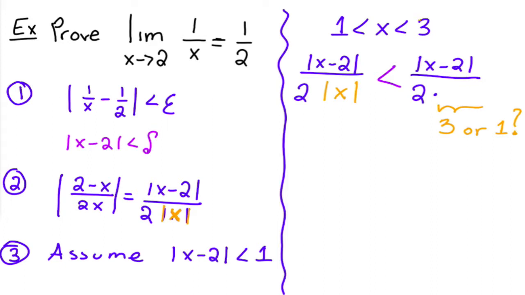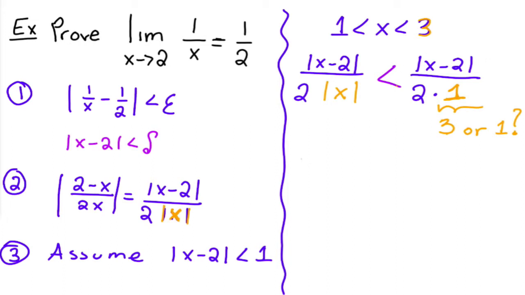Of course, you would pick the bigger number. But notice that because this is in the denominator, this is bigger if you plug in 1 instead of 3. So if you want to say that for sure this is less than that, you have to put the 1 here, because the 1 makes this whole thing bigger.